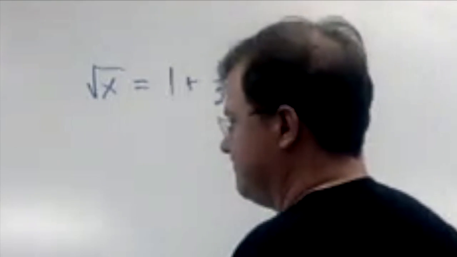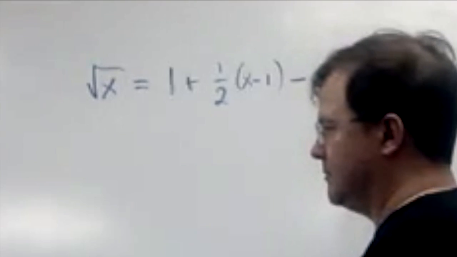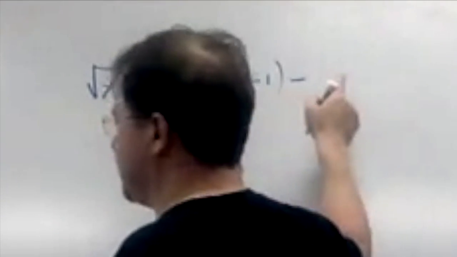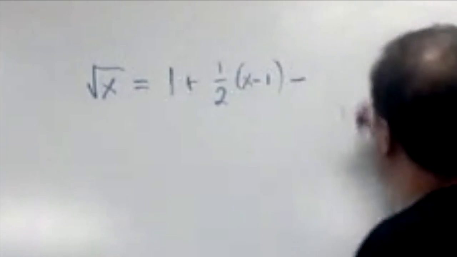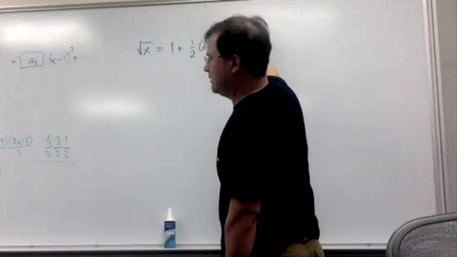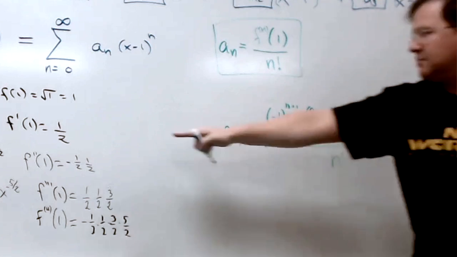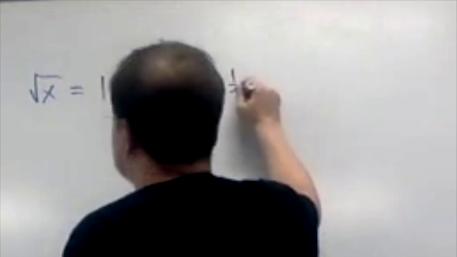Minus 1/2. And that's divided by 2, right? Oh wait, no, f prime. This is f prime. That's 1/2 over 1 factorial. So minus 1/2, that's a positive 1/2. This is positive 1/2, right? Yeah, f prime. Plus 1/2.